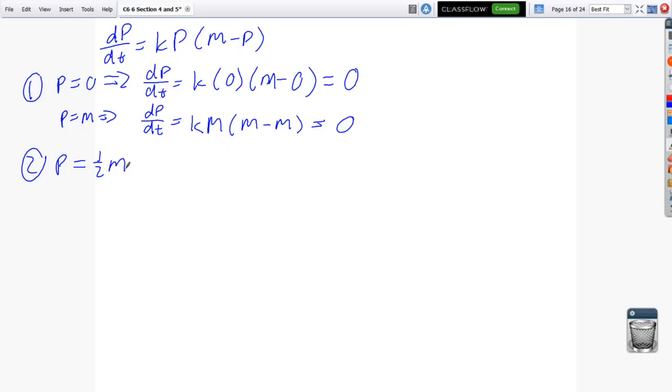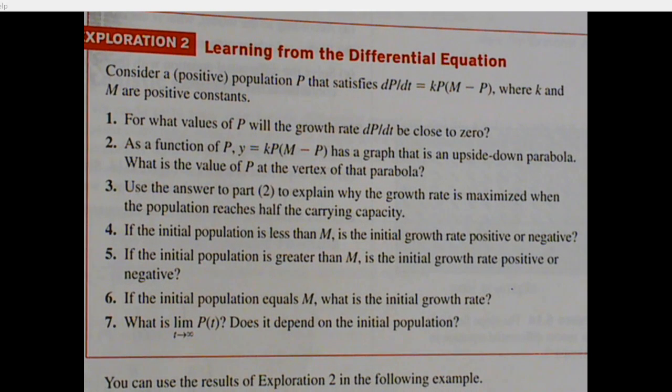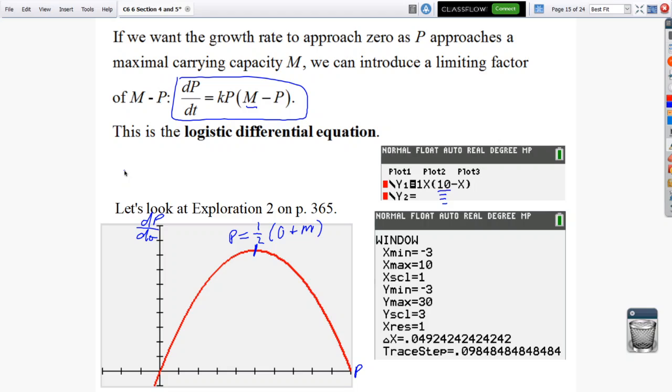For the fastest rate of growth, I guess that's the answer to number 3 here. The vertex of the parabola occurs at half the maximal carrying capacity, which means when we look back at this parabola and the height is talking about the rate of growth, the maximal rate of growth occurs here when the population reaches half of the maximal carrying capacity.